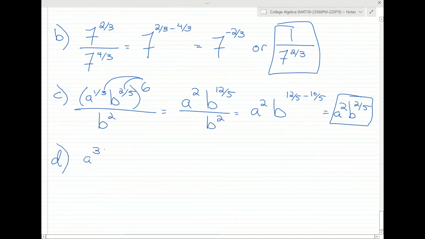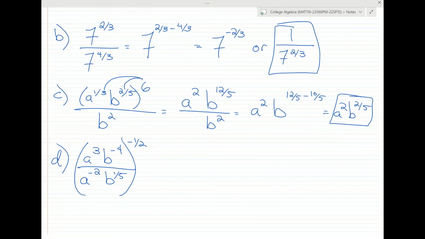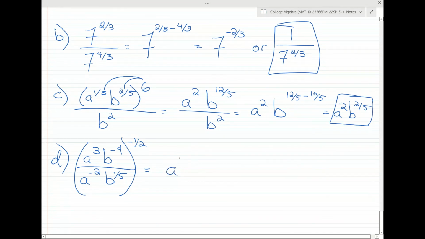Now a to the 3rd, b to the -4th, divided by a to the -2nd, b to the 1/5, all to the -1/2 power. So we have a whole bunch of properties here. First thing let's do is let's subtract them. So a to the 3rd divided by a to the -2nd would be a to the 5th. 3 minus -2 is 5.